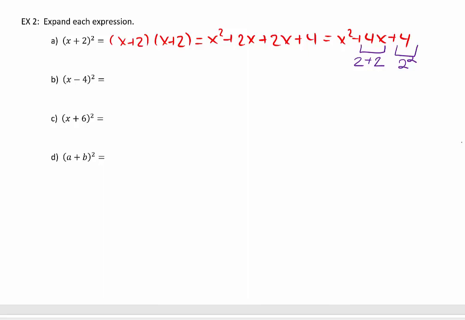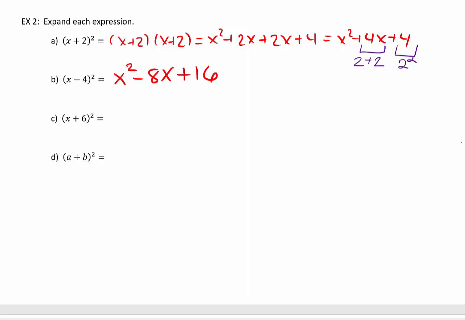For example, if I were to square (x minus 4), I should get an x squared, and then negative 4 plus negative 4 is negative 8, so the next term would be a negative 8x. Negative 4 times negative 4 is plus 16.